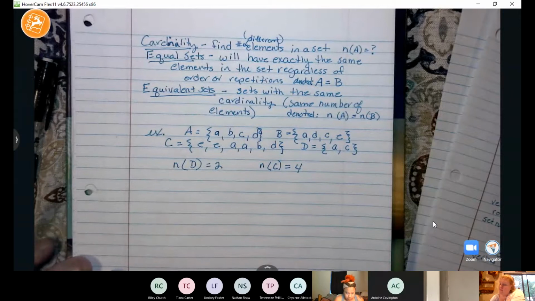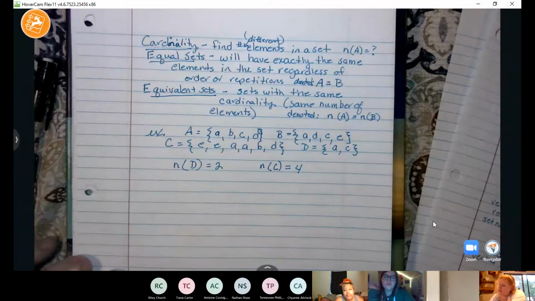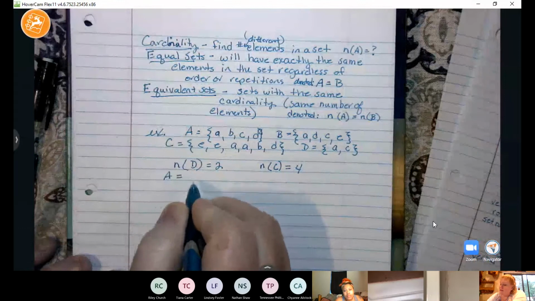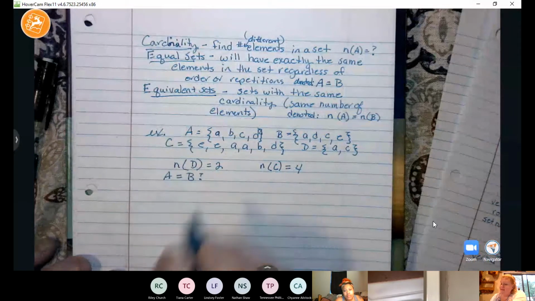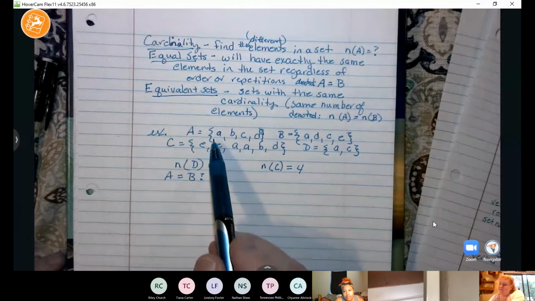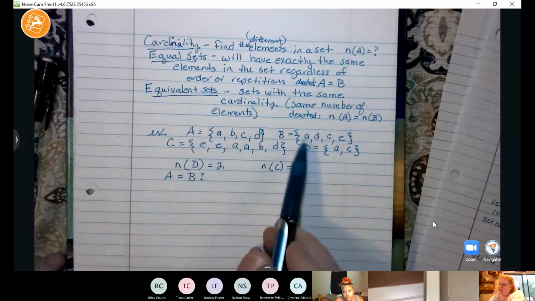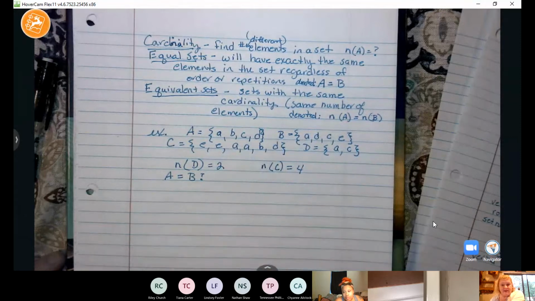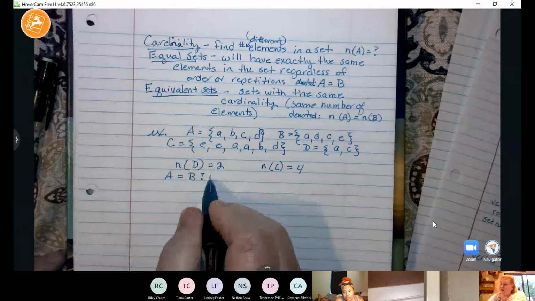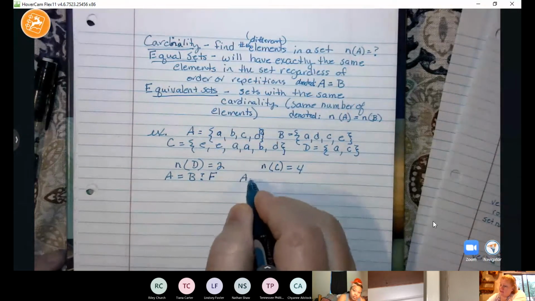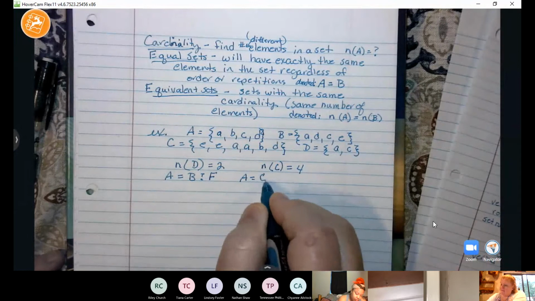All right, let's ask ourselves, does set A equal set B? Is that true or false? Do the elements match up? A matches to A, B matches. There is no B. So does set A equal set B? So that is false. Does set A equal set C?